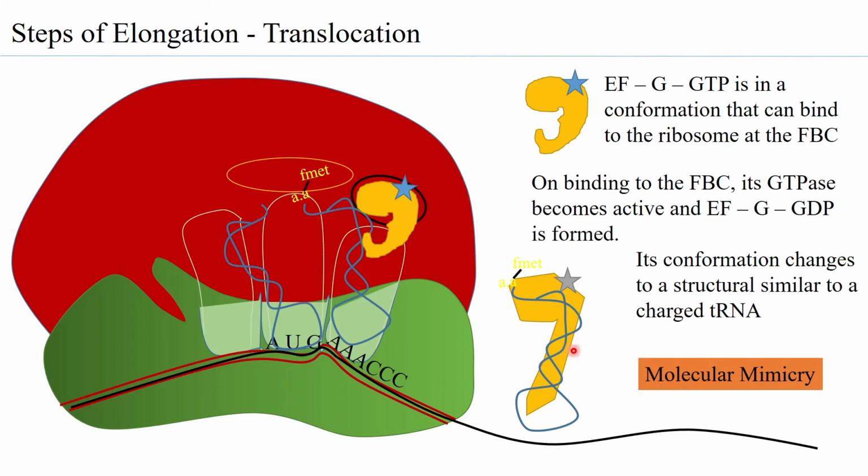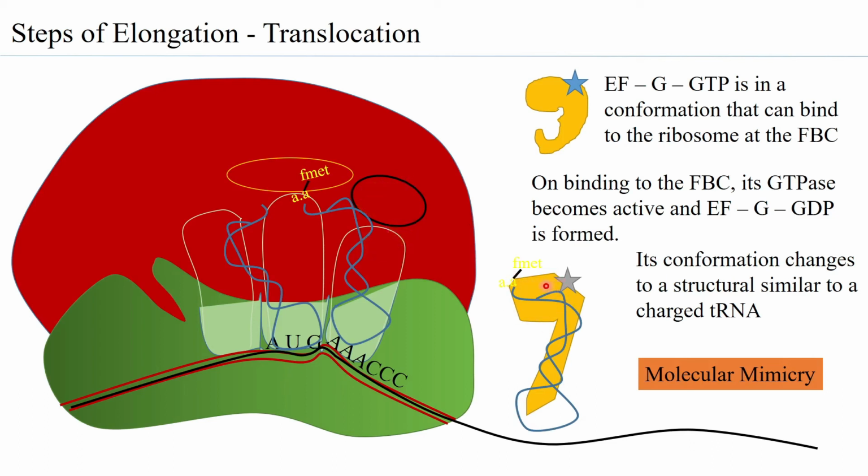As known in transcription, some domains of the sigma subunit of the RNA polymerase seem to mimic the DNA and the RNA, and here you can see that the elongation factor, when it is associated with the GDP, is forming a structure which is very similar to the charged tRNA.